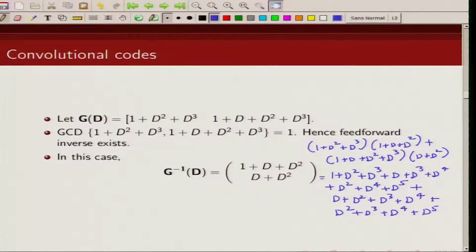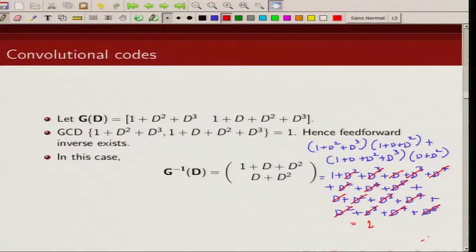Let us see: D^5 cancels out, D^4 cancels out, then this D^4 cancels out, D^3 cancels out, D^2 cancels out, D cancels out, D^3 cancels out, D^2 cancels out. So, what we are left with is basically 1.